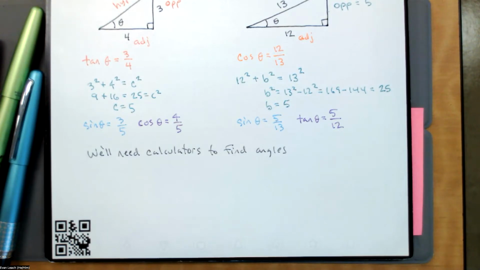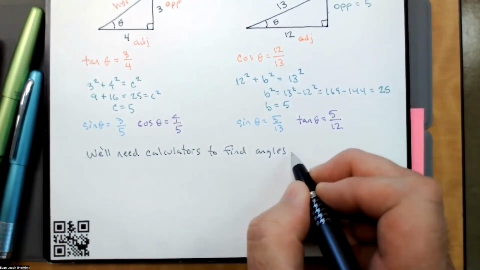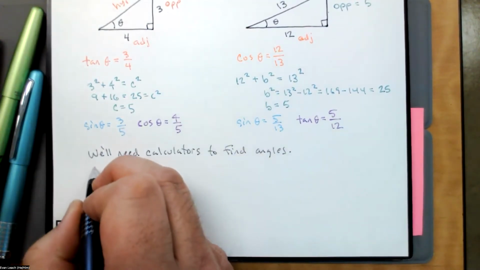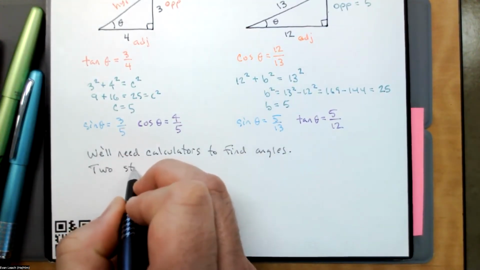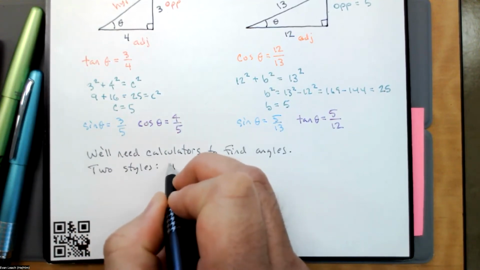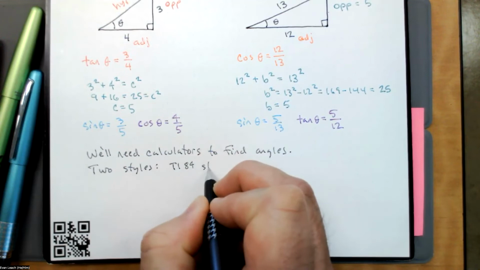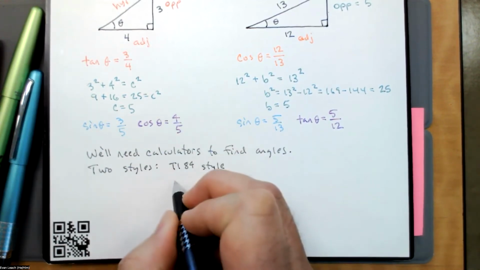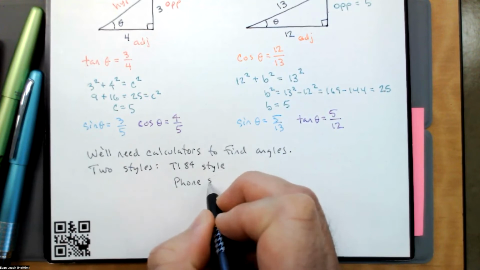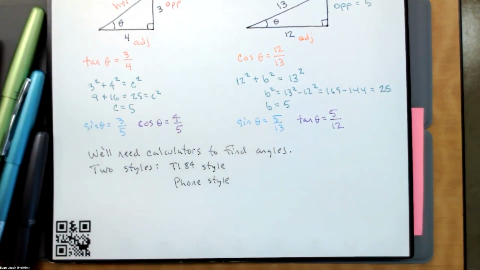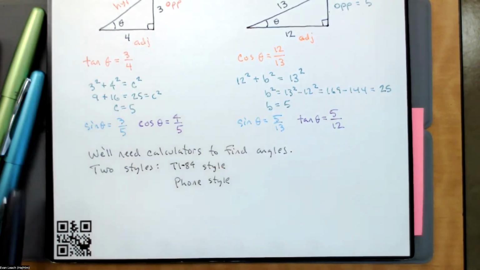But in general, unless it's those specific angles, we're going to need calculators to find the angle. We're going to have to do this in 2 different styles because calculators tend to come in 2 different styles. I'm going to call one TI-84 style and the other one, phone style.